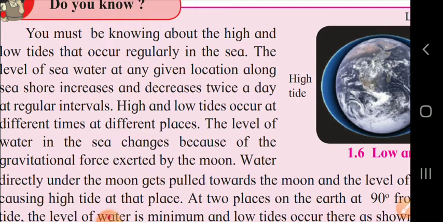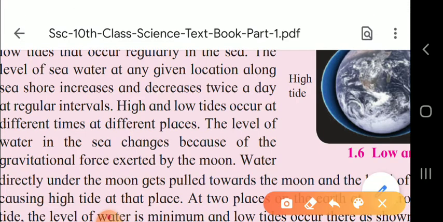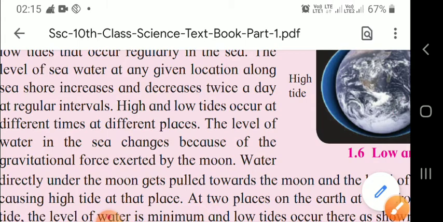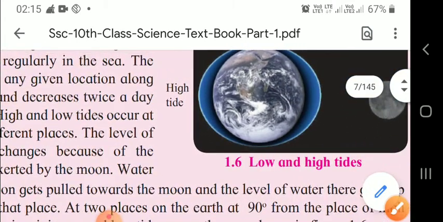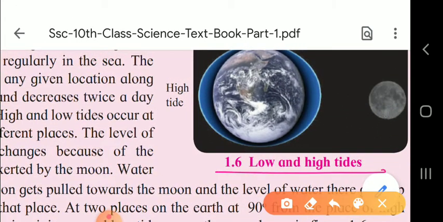You can see in this figure 1.6. So these are the high and low tide formations. Now children, we will study about the earth's gravitational force.